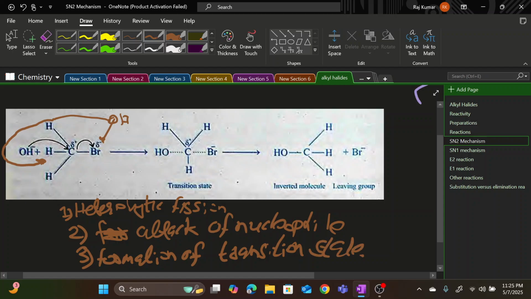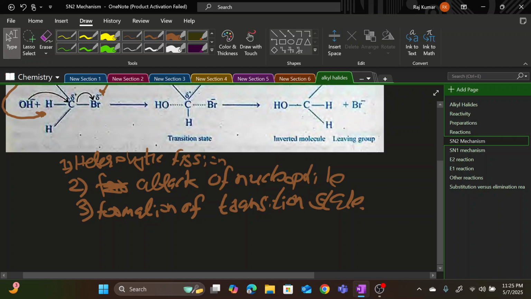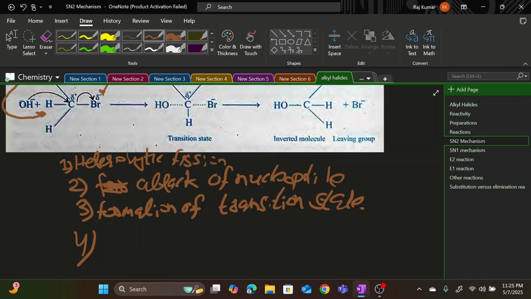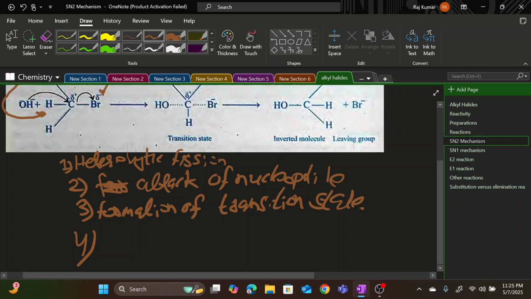Transition state and activated complex are the same thing, but transition state and intermediate are different things, because an intermediate can exist in the real world for a long period of time, but a transition state only exists for a fraction of a millisecond. So it's an important point to consider.